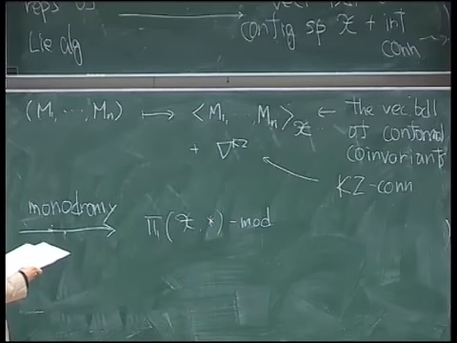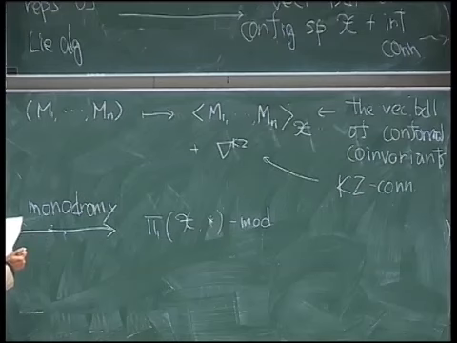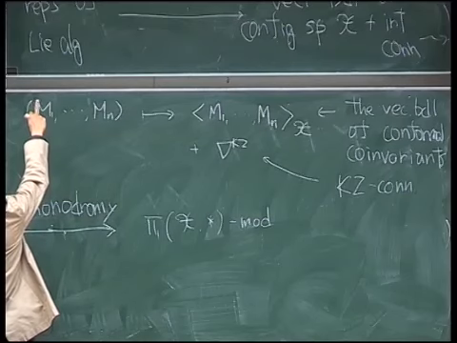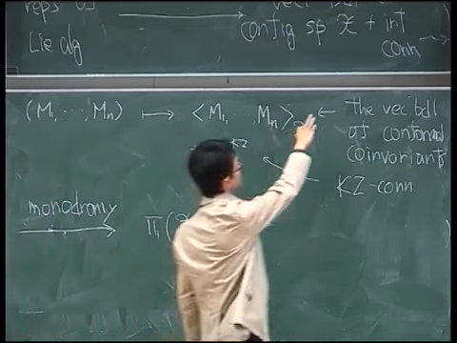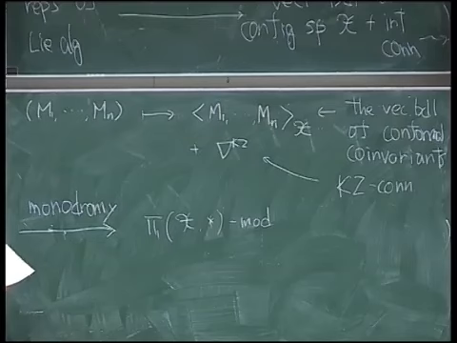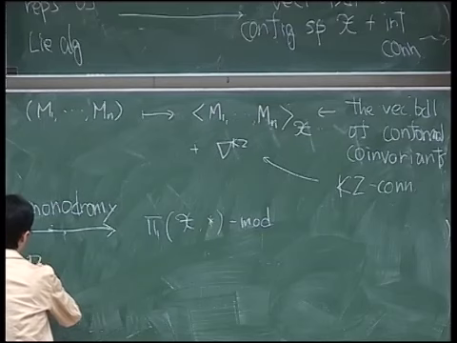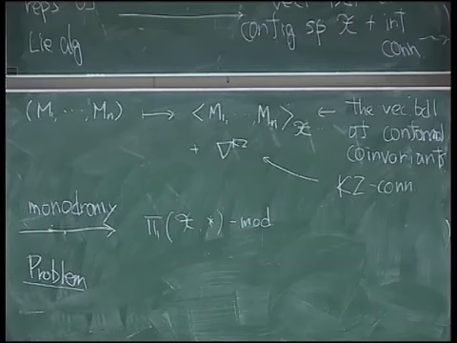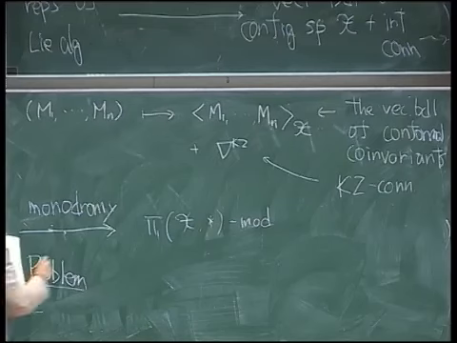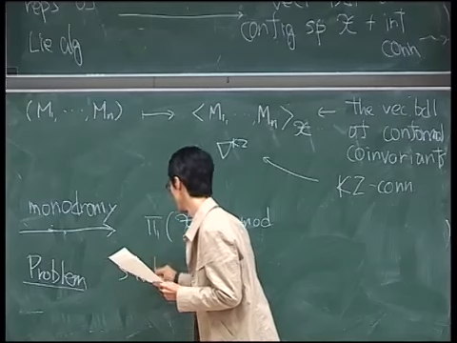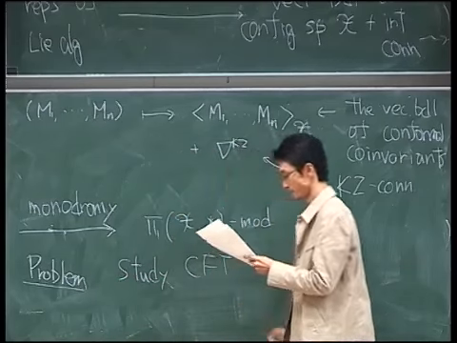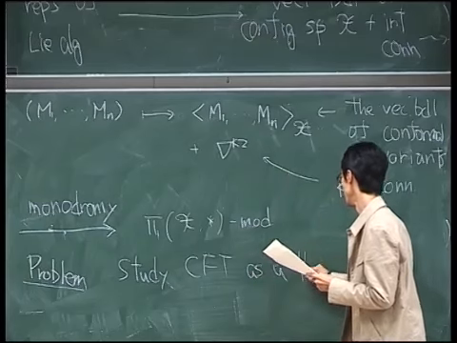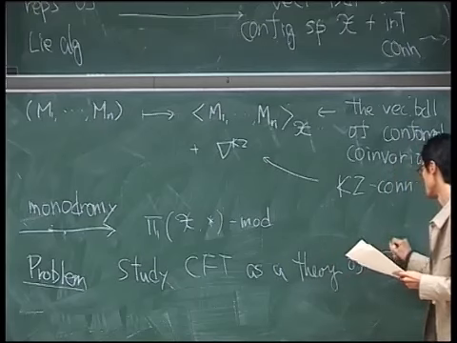So in this sense, conformal field theory is a functor which relates the category of representations of Lie algebra and the category of vector bundles, the category of representations of group. And so the basic problem here is to study conformal field theory as a theory of functors.